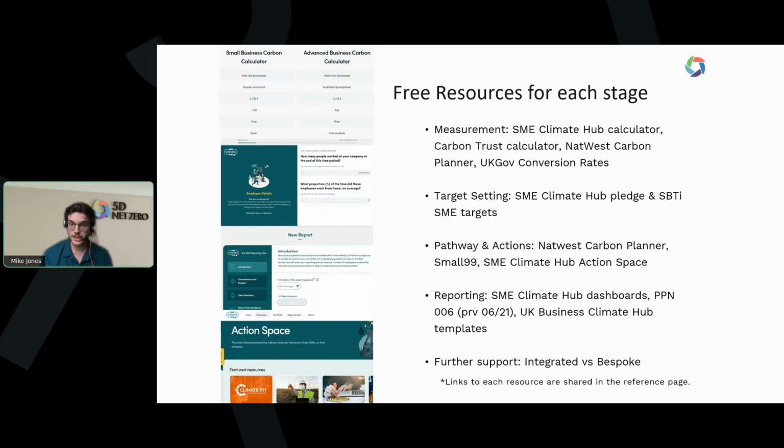The same goes for pathways and actions. They give you examples. Adam at the Small 99 does fantastic workshops, but they also have a free resource which you can self-use, and can start building up those ideas of actions.